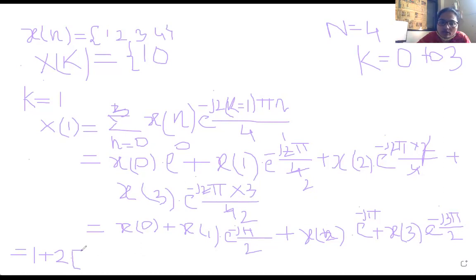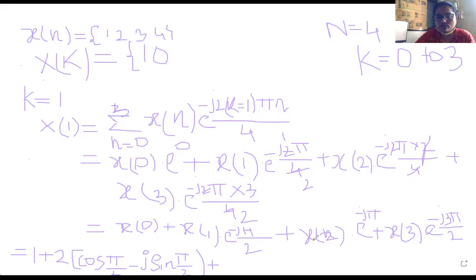So this value will be cos pi by 2 minus j sin pi by 2, because sin is minus here. So this term has been expanded.